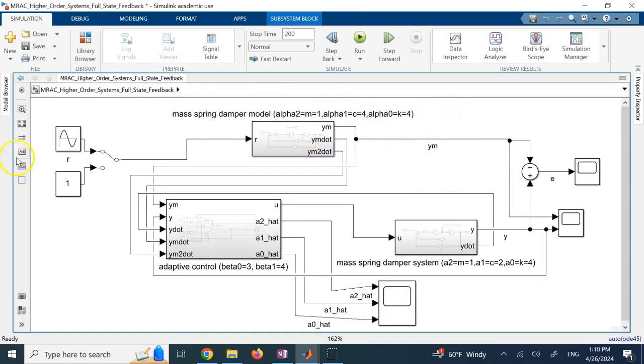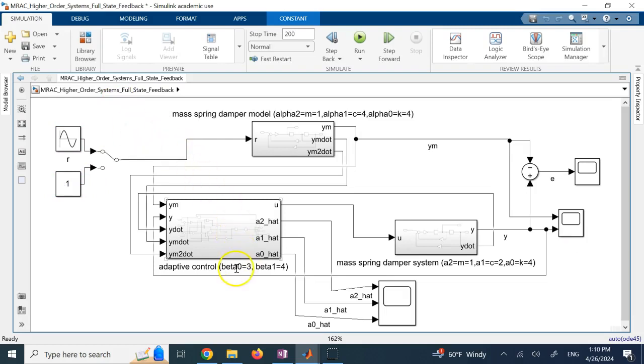For the input, I can decide either to use a harmonic or a constant. Why did I pick two different ones? To show you that persistent excitation still matters here. If your input has enough variation in it, then your parameters will also converge to their actual values. If it's just constant without much variation, the parameters are not going to converge.